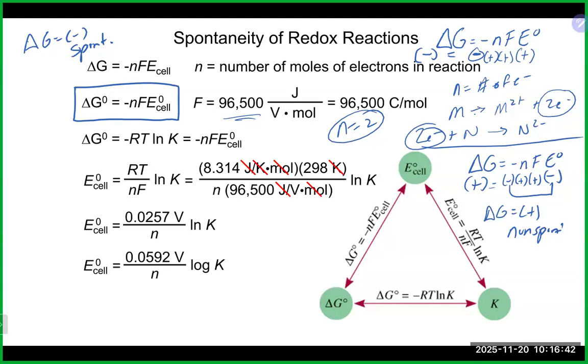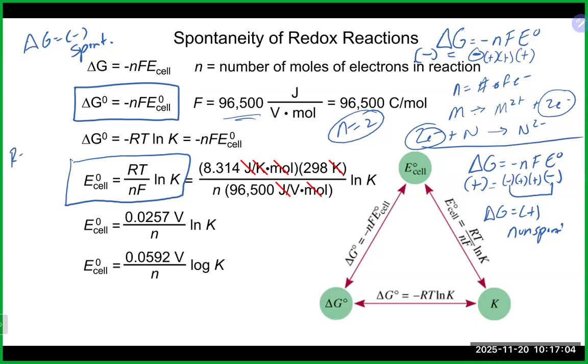Now, of course, this class wouldn't be a class without our friend K and the equilibrium constant. So there's also a relationship between the equilibrium constant and E of the cell. E of the cell is equal to RT over NF times the natural log of K. And these are some of our normal ones here.